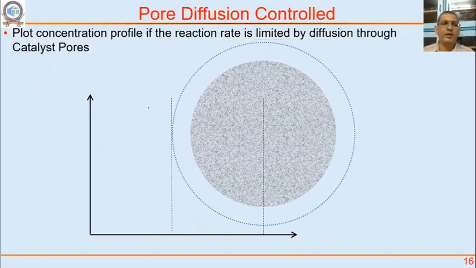Next case, again let me write the 3 steps. One is diffusion through the film. Second, diffusion through pores. Third, reaction. This is our bulk. I want you to draw concentration profile of reactant A. This is our film. This is our catalyst.